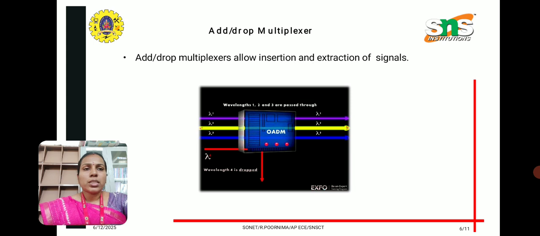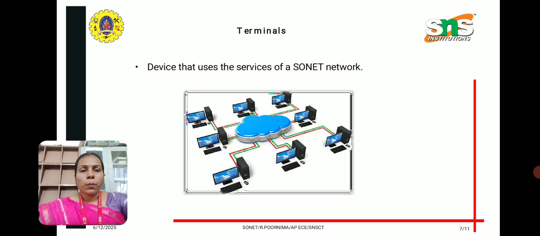So it is insertion and extraction of different wavelengths. If we have three different wavelengths and we want to add some other wavelength, it allows adding a wavelength. So the add-drop multiplexer is particularly used in the SONET system.